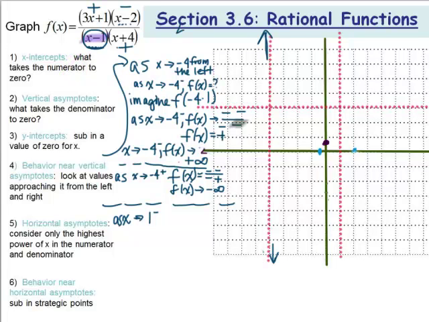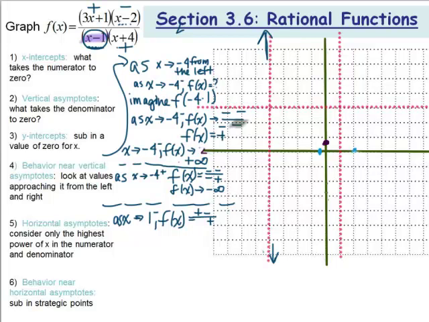So let's show our work. As x approaches 1 from the left, we're imagining 0.9, we have our f of x. We have 3 out of the 4. We have positive, negative, question mark, positive.